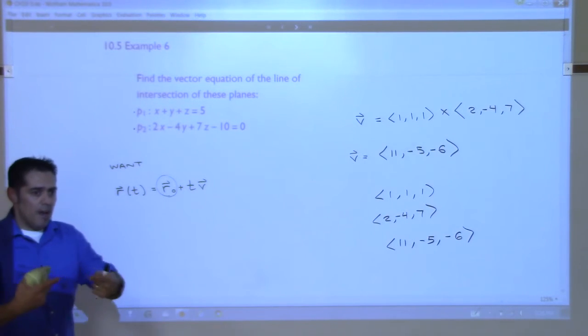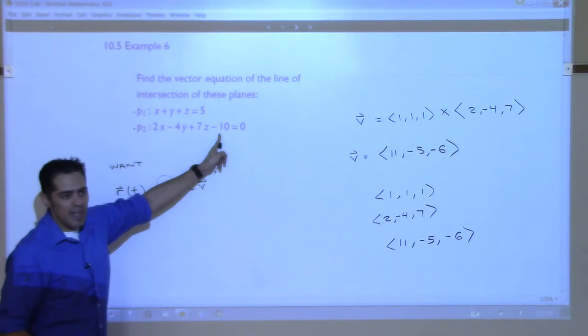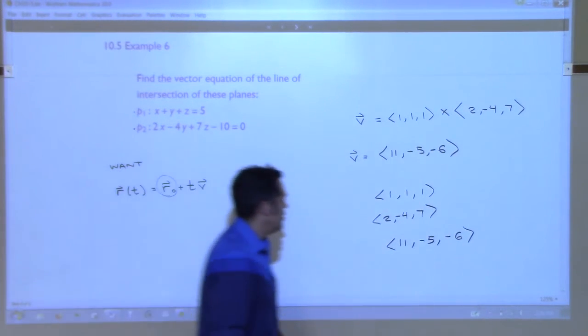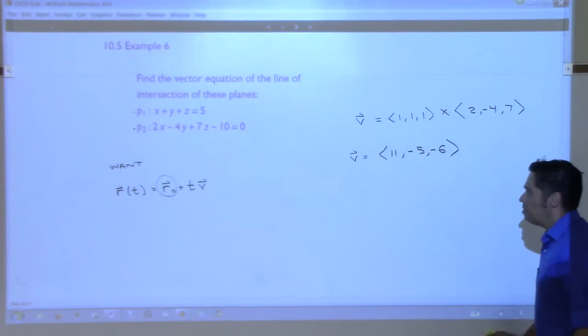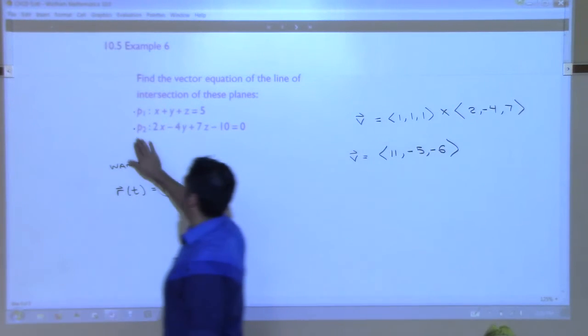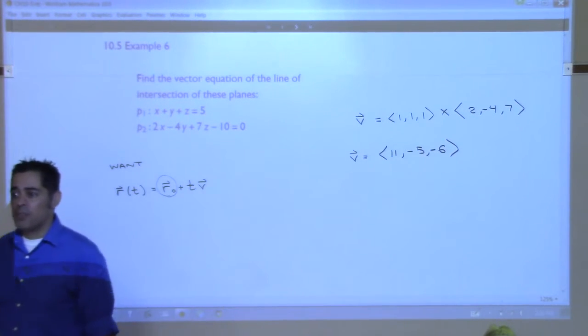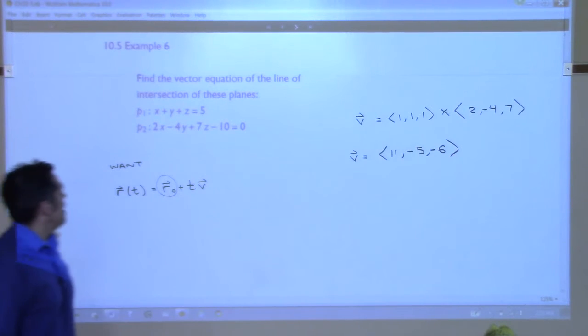That means you have to now find an x, y, z that satisfies this and this together. So how many unknowns do we have? How many equations? 2, which means we won't have a unique solution. We actually have an infinite number of solutions, which makes sense because there are an infinite number of points on that line.